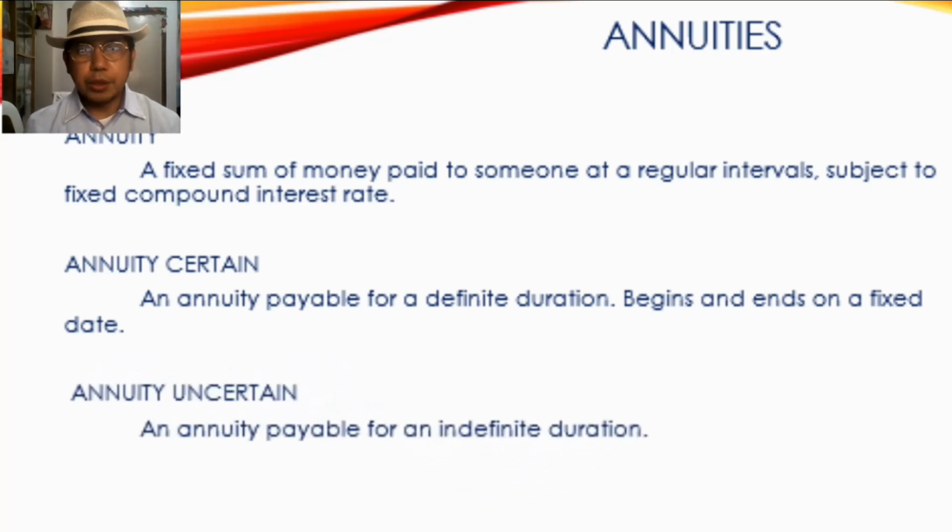The next one would be annuity uncertain. When we say annuity uncertain, there is a fixed sum of money that is to be paid, but uncertain in the sense that you do not know when to start and when to stop paying such obligation or fixed amount of payment.